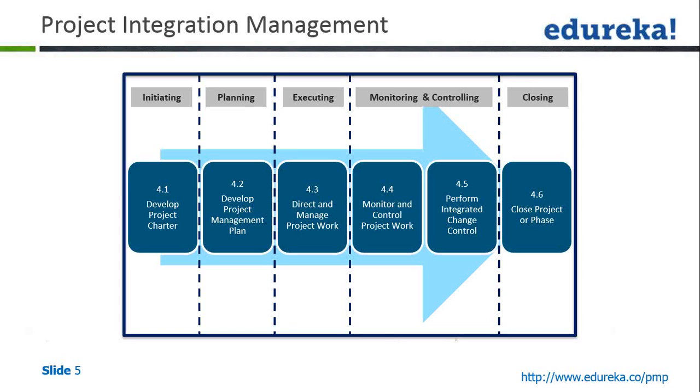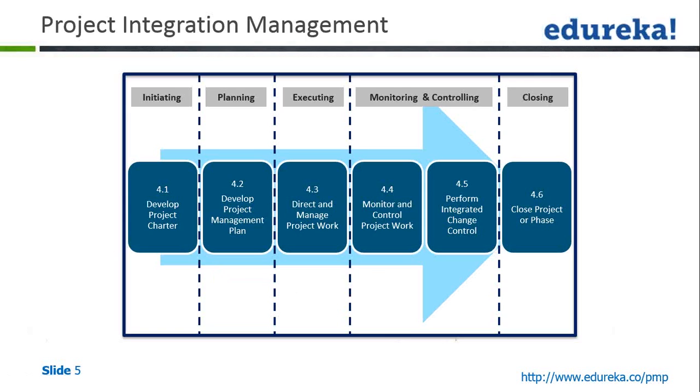And once all the deliverables are completed, the project is done, and then the PM will have to make sure that all the aspects of the project are covered before delivering, and also ensure that all the key findings and the lessons learned are documented for future reference, and that the PM will do in 4.6, that is the close project or phase process.